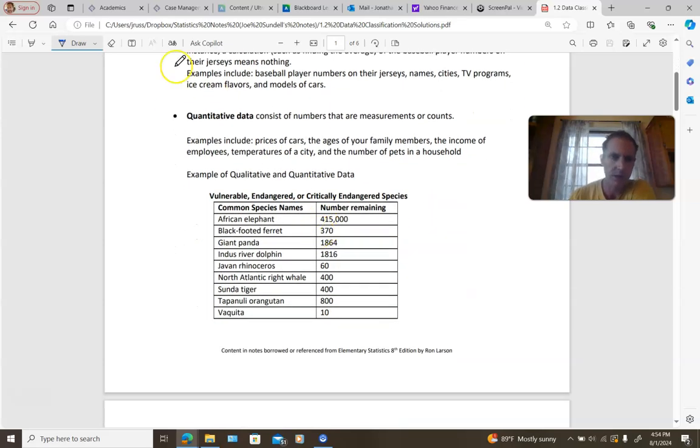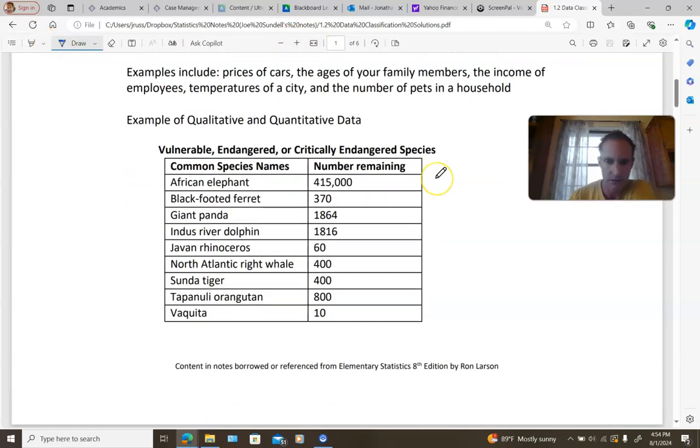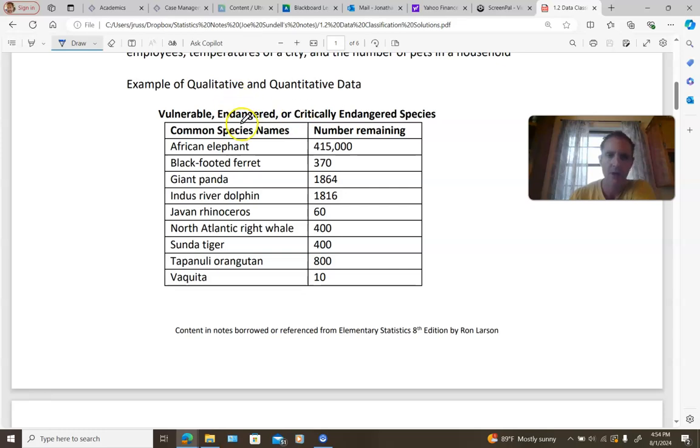All right, so here's an example. I'm going to zoom in a little bit so you can see this. What we've got here is a compilation of some data, and we actually have both qualitative data and quantitative data in this table. The qualitative data would be the different species, either vulnerable, endangered, or critically endangered, depending on how they're classified.